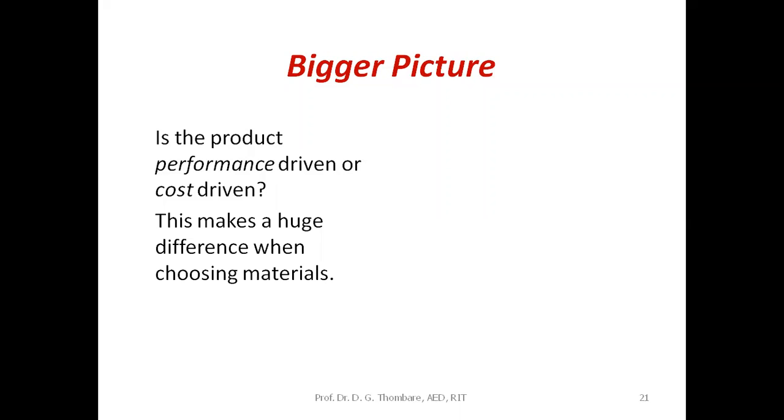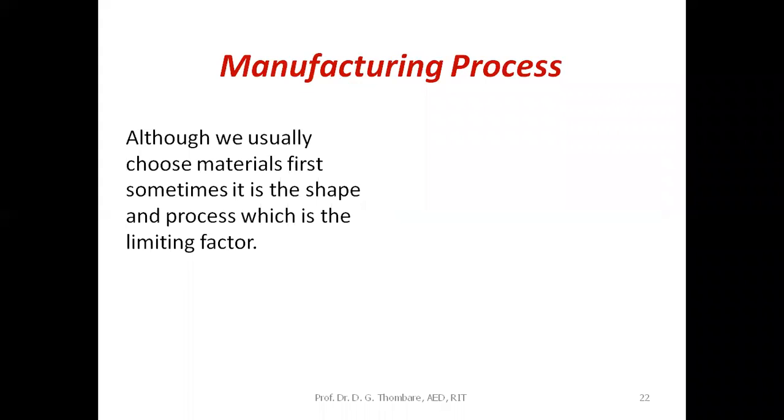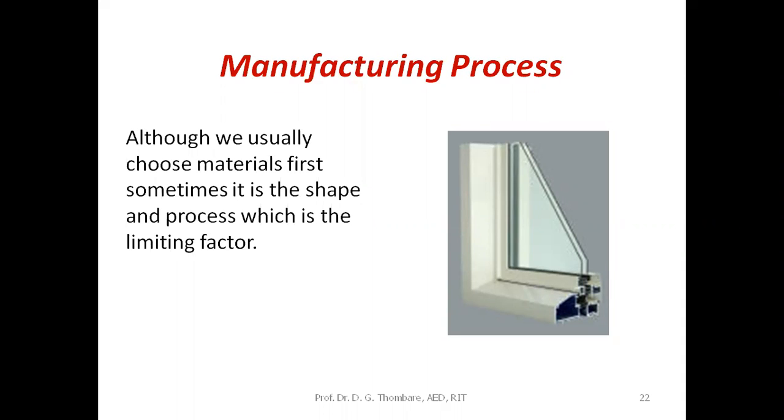Now, while choosing material, if these two things are taken together, then this makes a lot of difference. For example, if you take any fighter plane, then it is very difficult to manage performance and cost hand in hand. But it is very essential that your product must perform in the best possible way, and at the same time, cost should be affordable. So you should be able to see this bigger picture. The third important thing is that you should also think of manufacturing.